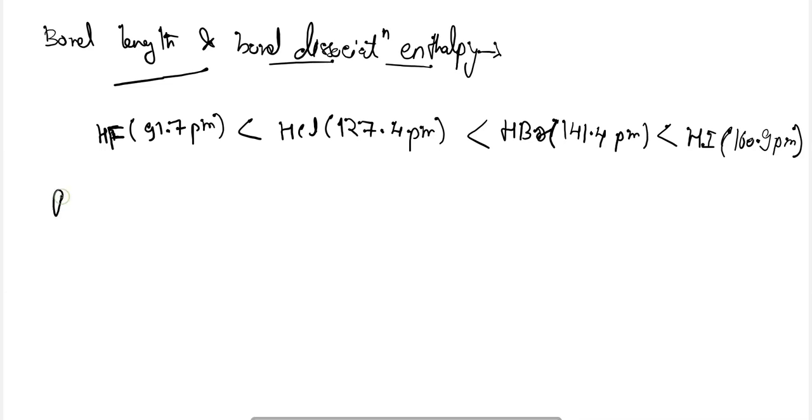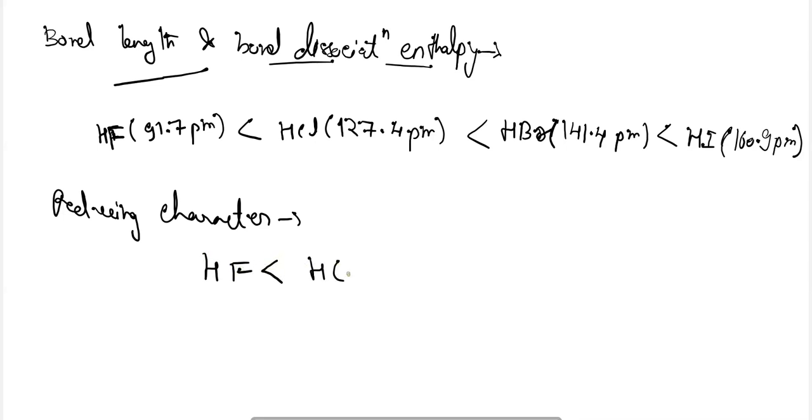Next is the reducing property, the reducing character. HF has the lowest reducing character, while HI possesses the highest reducing character. Next is the acidic strength.